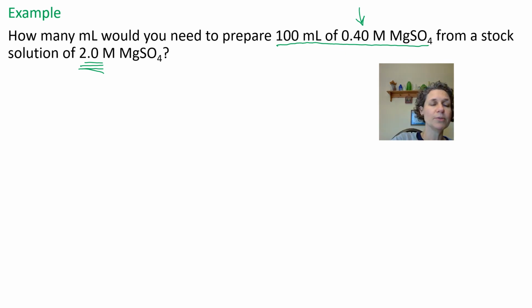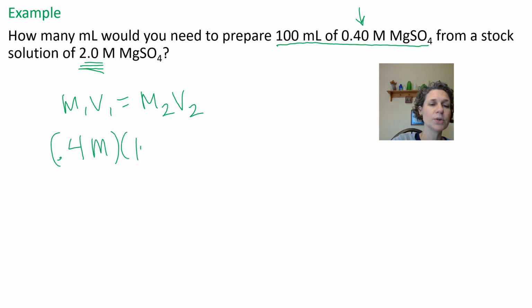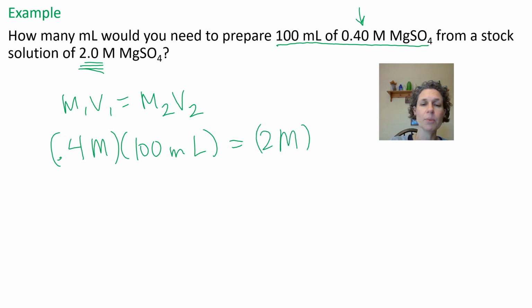And so my formula is M1V1 equals M2V2. So I want 0.4 molar. I want 100 milliliters. Doesn't matter that it's milliliters or liters as long as your units are the same. So I'm going to find milliliters, but I know that I'm working with 2 molar, and what I don't know is how much I need of that.